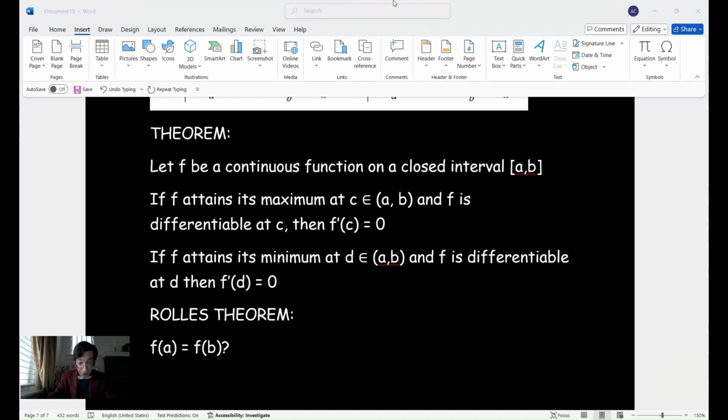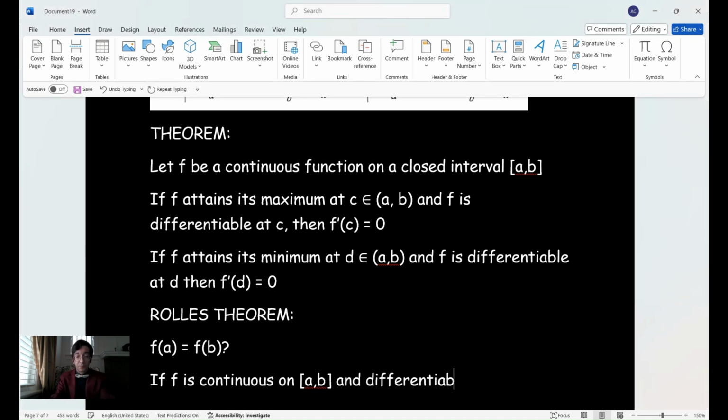So the theorem says if f is continuous on AB and differentiable on AB, then something very interesting happens, right? And of course, f of A has to equal f of B.